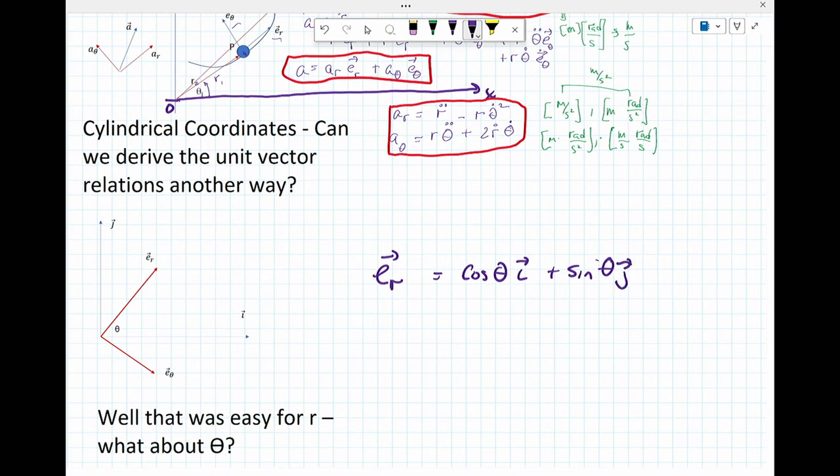Taking the time derivative of that will equal theta dot multiplied by minus sine of theta i plus cos of theta j, and there you go. So E r dot is perpendicular again to E r.